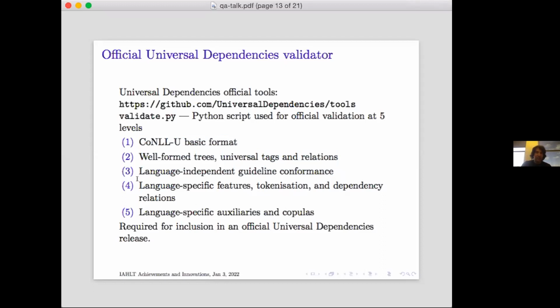Next, over a period of about a month and a half, I converted, with the help of Hila, our personal IAHLT guidelines into language specific data for the UD validator.